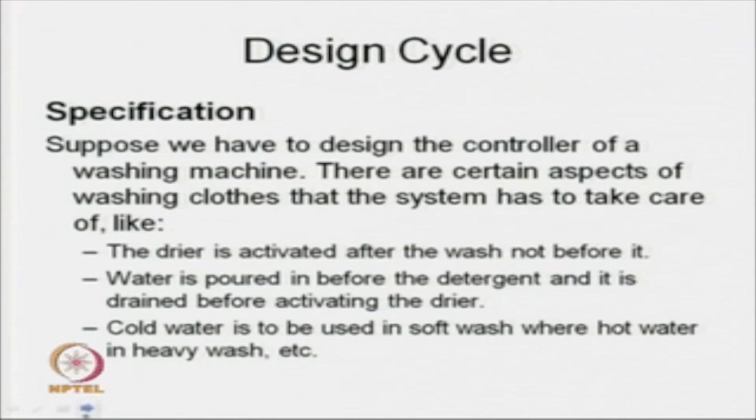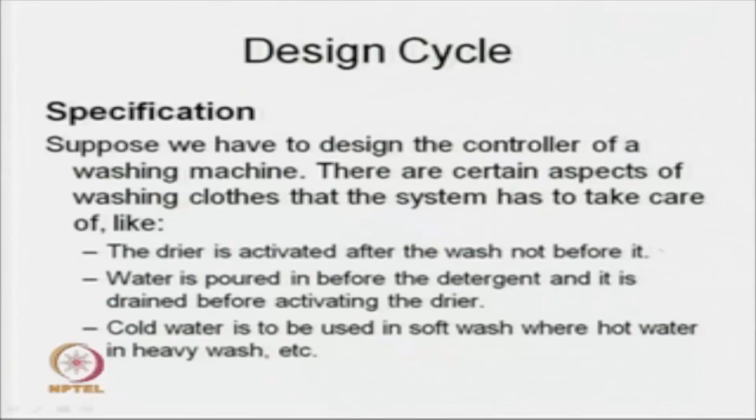Let me give a brief idea of what we do in specification and where that specification comes from, with an example. Say we are going to design a controller for a washing machine. Our controller should satisfy some property, and this specification can be stated as: the dryer is activated after the wash, not before.